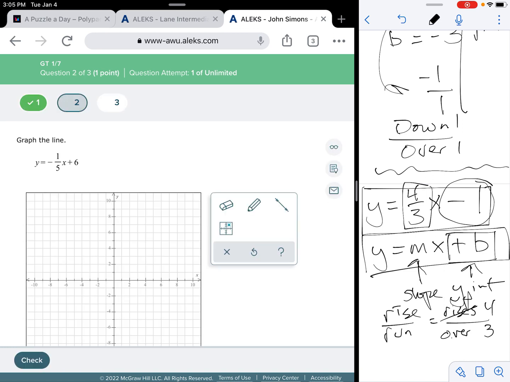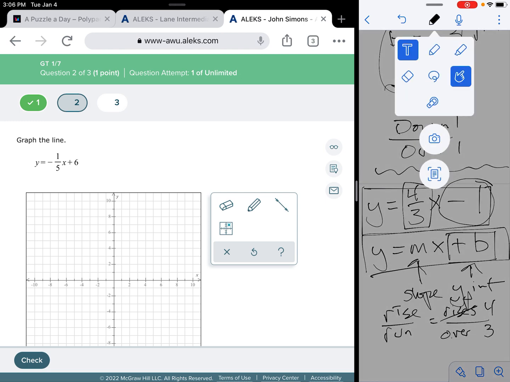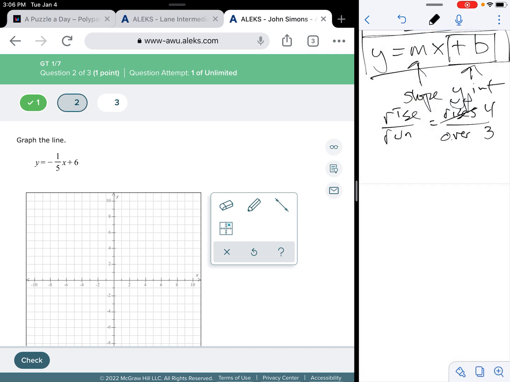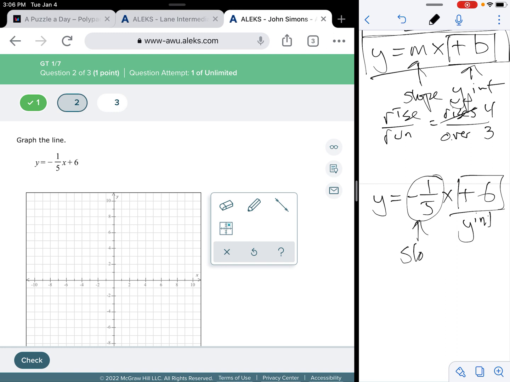Okay, let's try number 2. Let's see what they give us: y equals -1/5 x plus 6. Right away, I hope you're looking for what is my slope and what is my y-intercept. This number represents my y-intercept, and this number represents my slope.